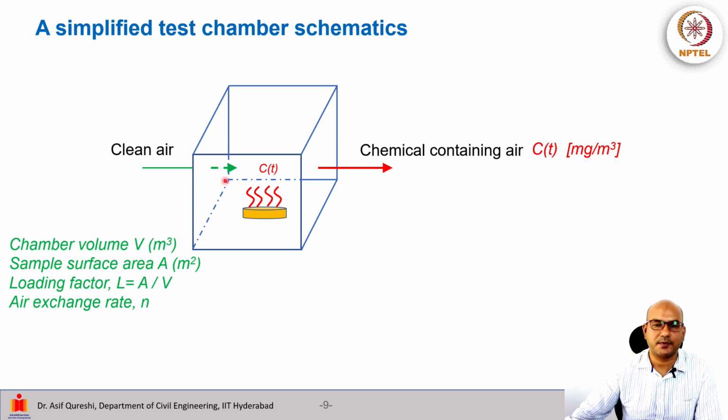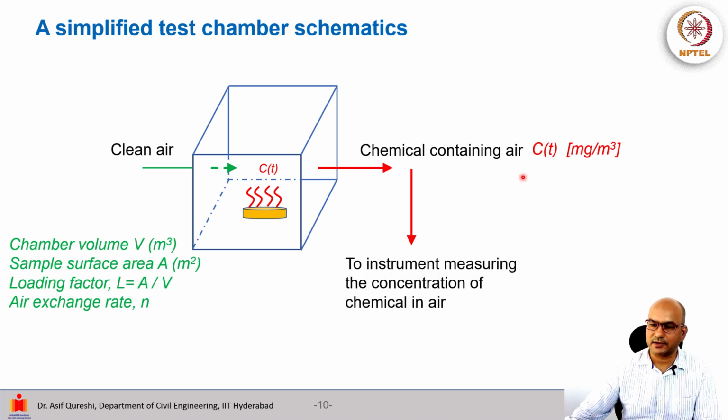Under the assumption that the environment inside the chamber is fairly well mixed, all the air inside the chamber will have the same concentration C at any time t, and then this air goes out. So we have the chemical-containing air at the concentration of C(t) mg per meter cube.